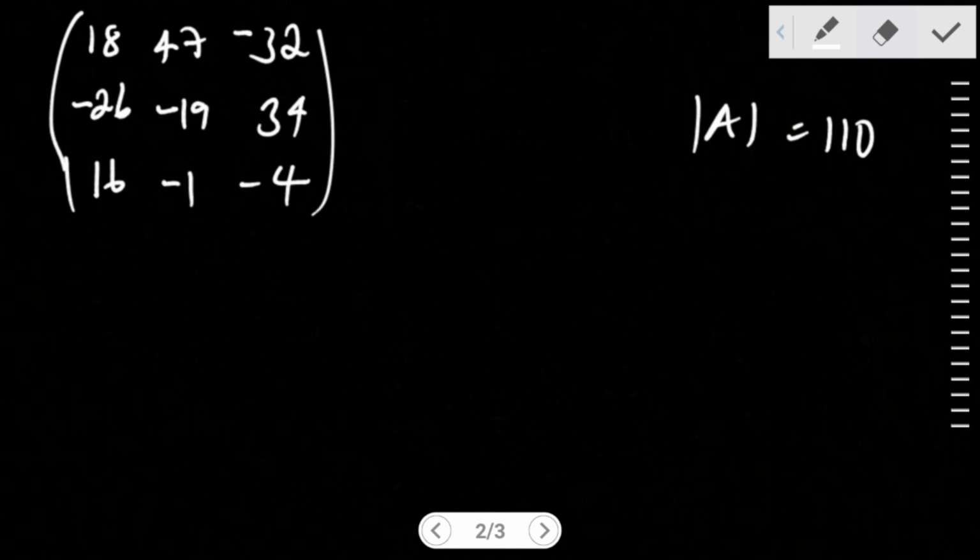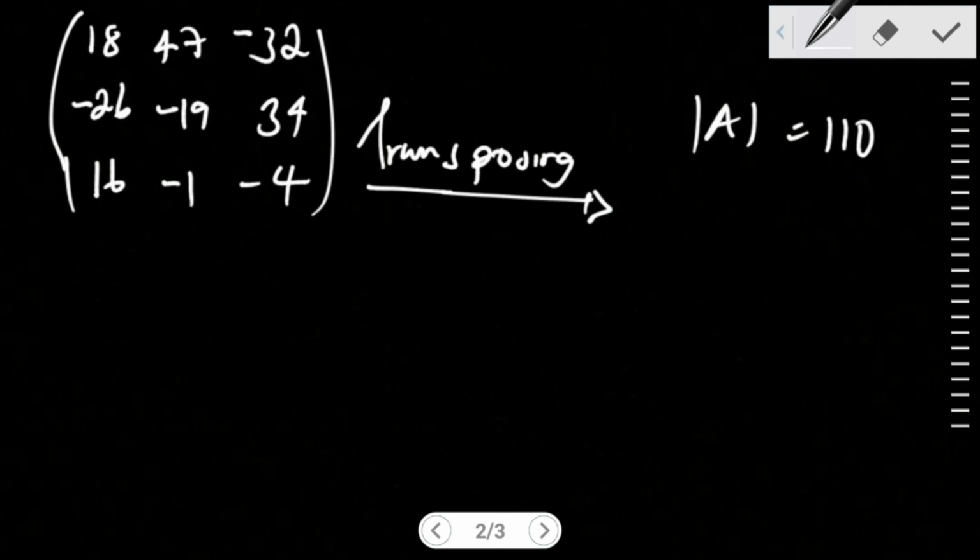Yes, transposing this matrix. Transposing just means converting a row into a column. So what I'm going to do here is transpose this.